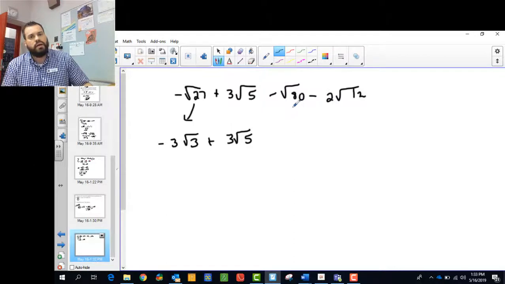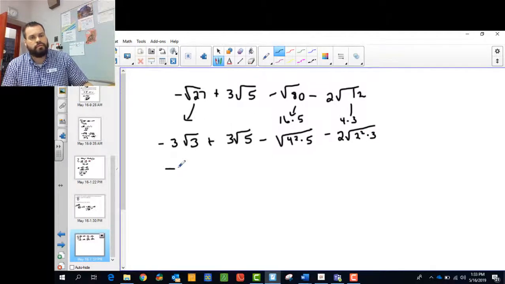Okay, so 80 is 16 times 5. So that's going to become the square root of 4 squared times 5. And then 12 is 4 times 3. So this is going to become 2 square root of 2 squared times 3.